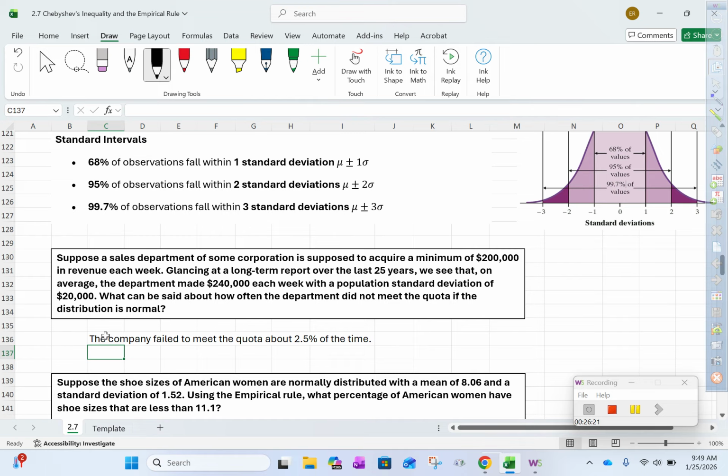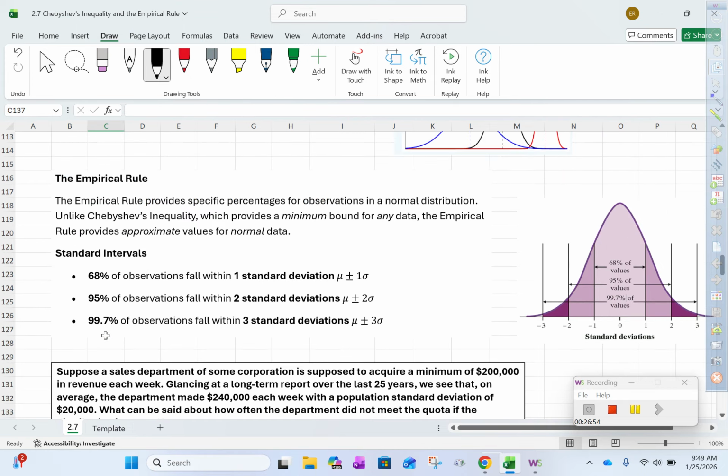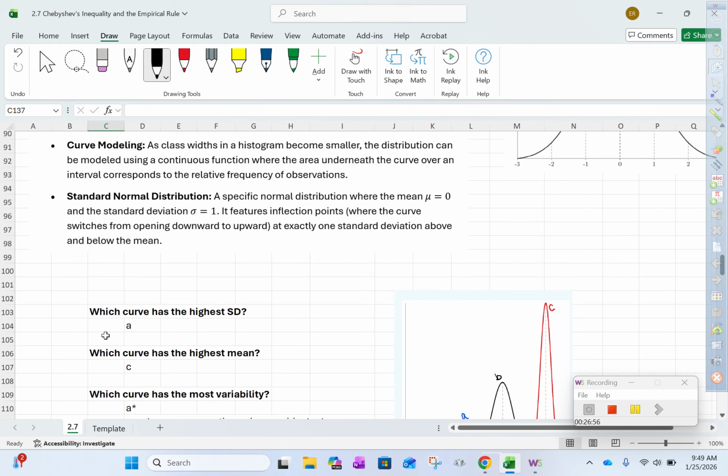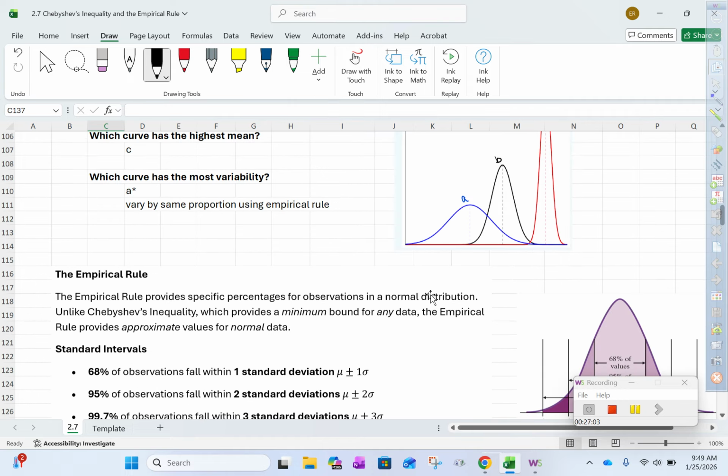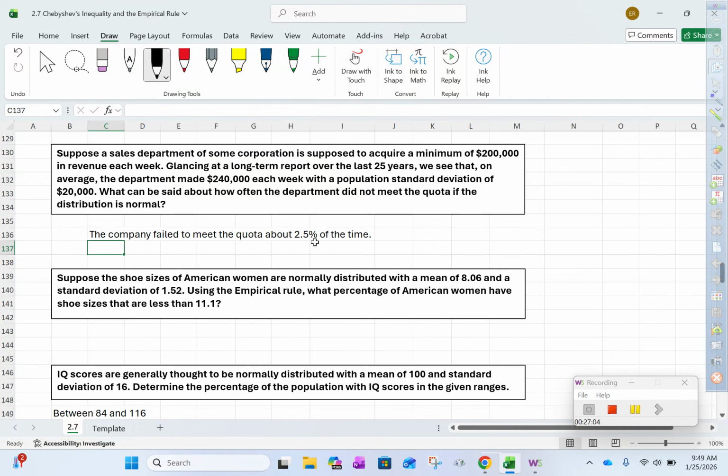That doesn't mean exactly 75% did, because we didn't know what the shape is. So we had answered up above that all we knew is that it was going to be less than 25% of the time. And now that we know it's normal, we can get even more specific and say it only happened 2.5% of the time, which is pretty low.